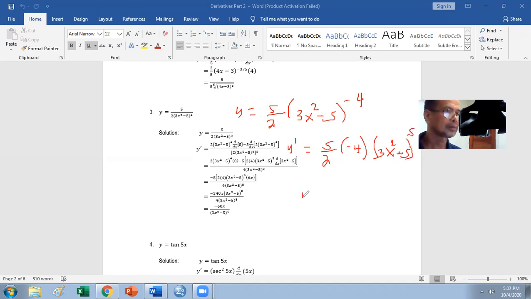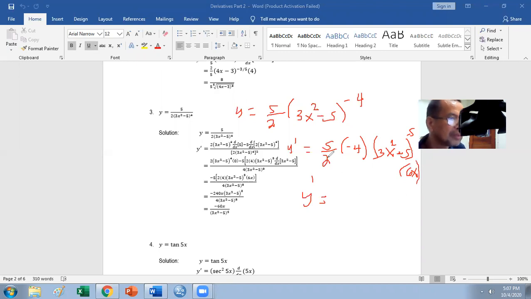Okay, so your y prime now will just become what? 5 times negative 4, negative 20, times the derivative of 3x squared minus 5, so times 6x pa siya.